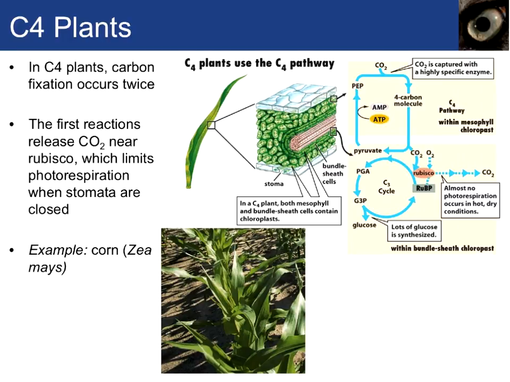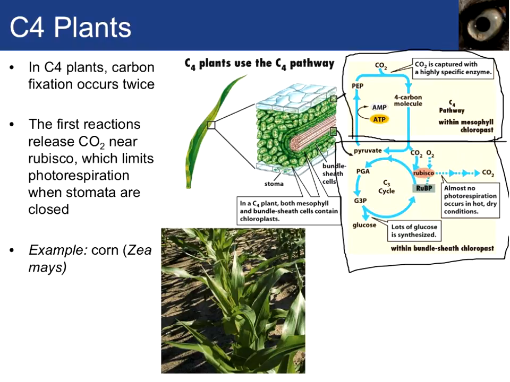It's kind of hard to tell in the slide, but these occur in two separate cells. So you're separating the process, and therefore less photorespiration is going to occur. Part of the reason is that you're concentrating the carbon dioxide in these cells.